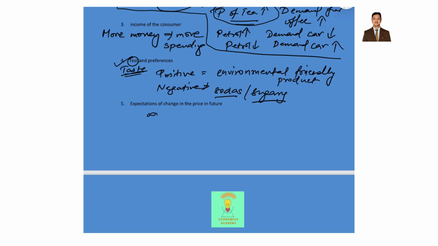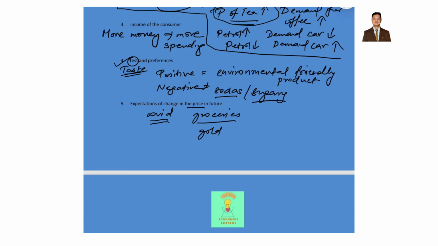During the COVID time, people were buying groceries even though they had some, but with the expectation of a rise in price in the future, they bought the groceries. With the same expectation of the price to rise, people also buy gold, right?